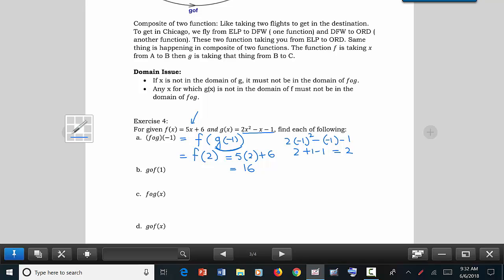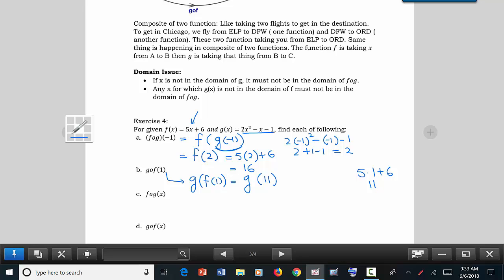For number B, the meaning of this notation is f is acting at 1 first. Now separately, I'm going to use function f and plug 1 for x. 5 times 1 plus 6, so that is 11. So f of 1 is 11.